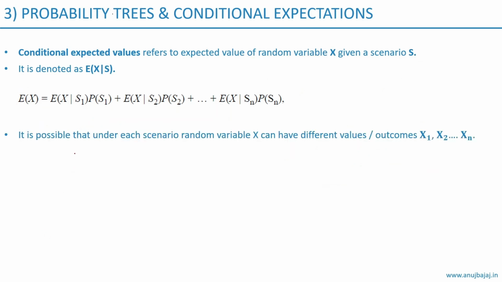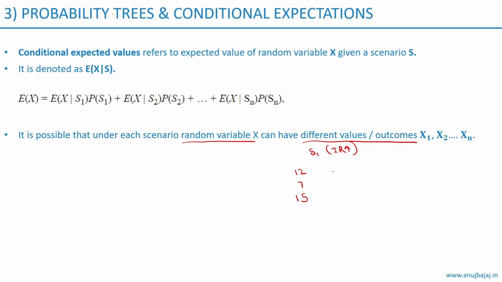It is also possible that under each scenario, the random variable x can have different values or outcomes. Suppose we take scenario 1 where the interest rate increases. Then the earnings per share could take 3 different possible values: $12, $7, or $15.